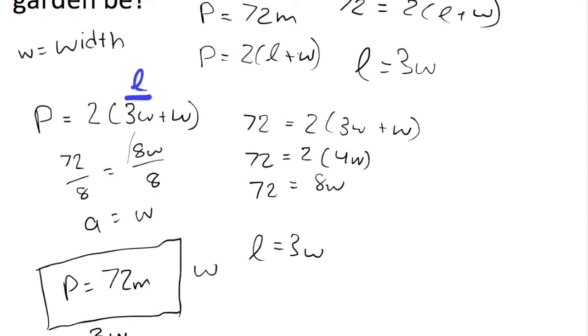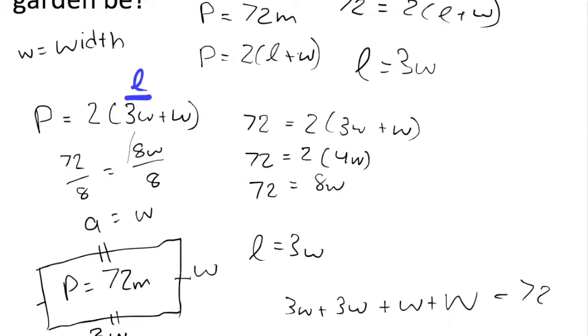And since the perimeter is basically all the sides of the rectangle added together, we can say that 3W plus 3W, since there's two lengths, plus W plus W, the two widths of course, is equal to 72.